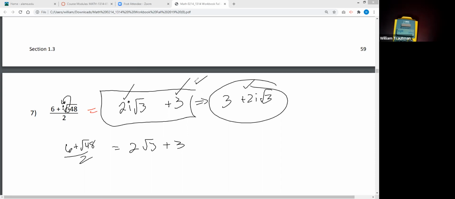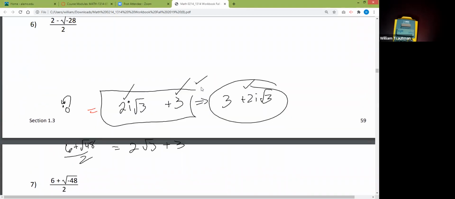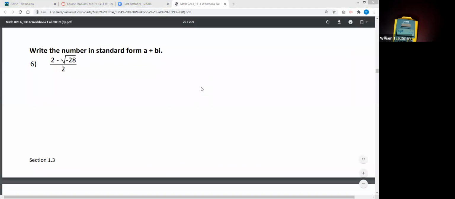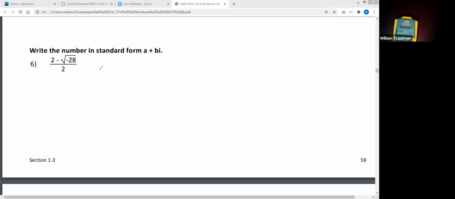The other problem up here had a negative. Do you see the 2 there? This is 4 times 7. This was 2 minus i with a 4 square root of 7, over 2, so that cancels and you get 1 minus 2i square root of 7.